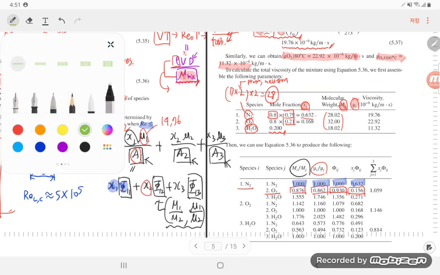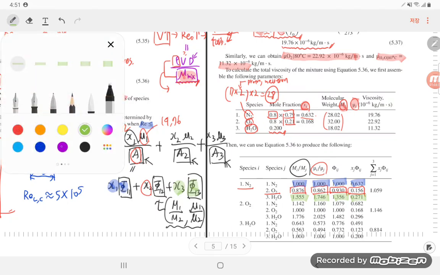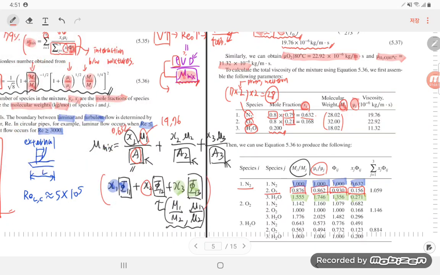And for the other third term, you can calculate this value, and this is the final term. If you sum up all of this, then finally we can get this A1. And in the same way, we can calculate A2 and A3.